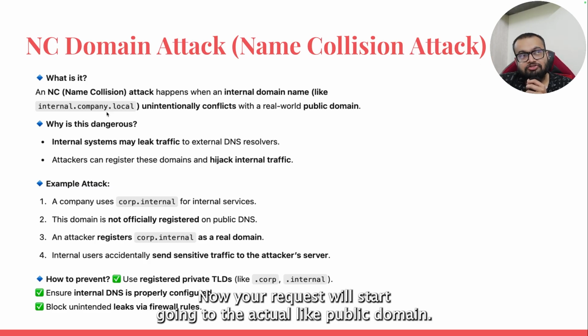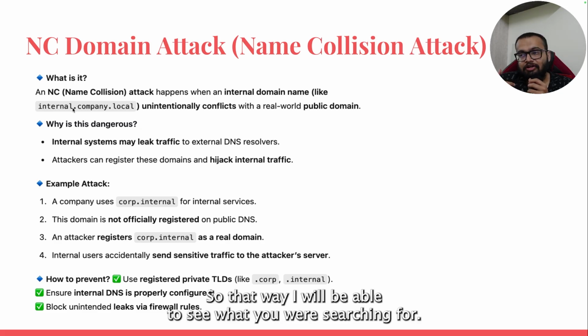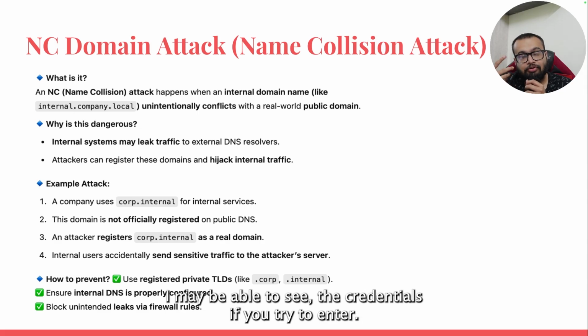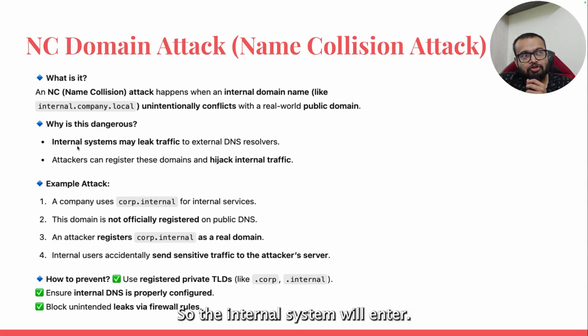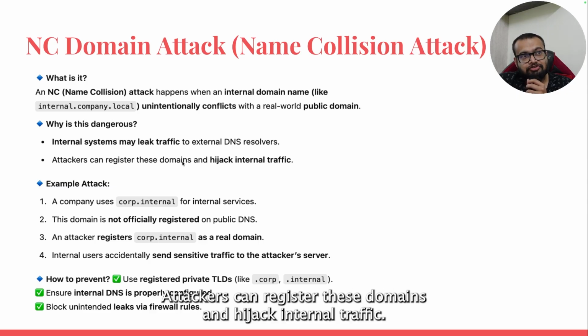Now your requests will start going to the actual public domain. That way I will be able to see what you were searching for, or I may be able to see the credentials if you try to enter them. The internal system will leak traffic to an external resolver. Attackers can register these domains and hijack internal traffic.